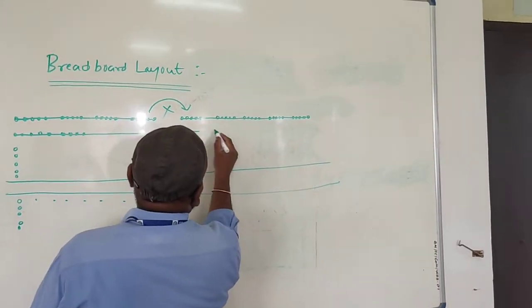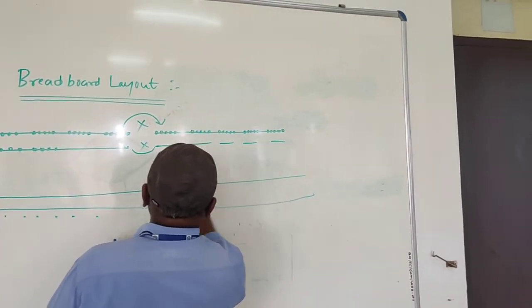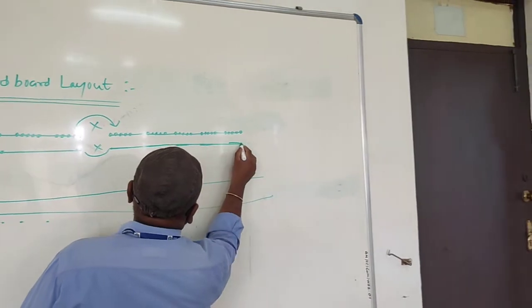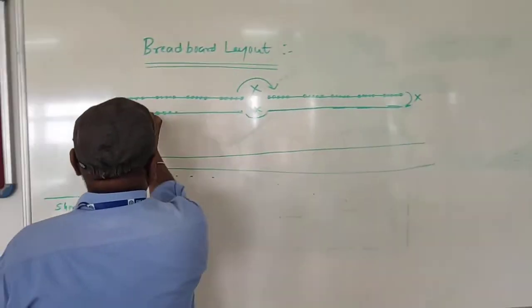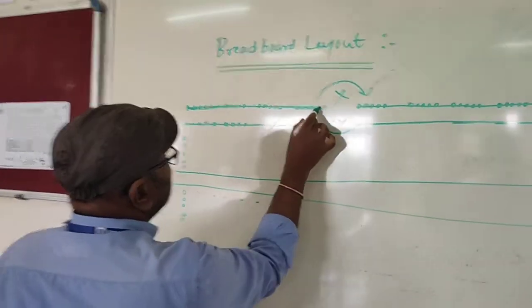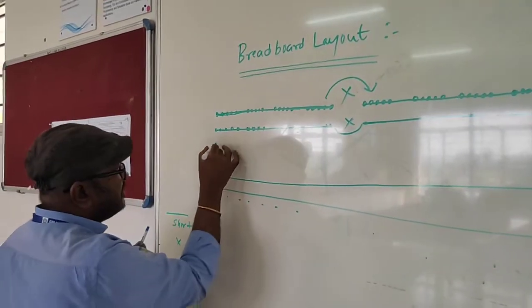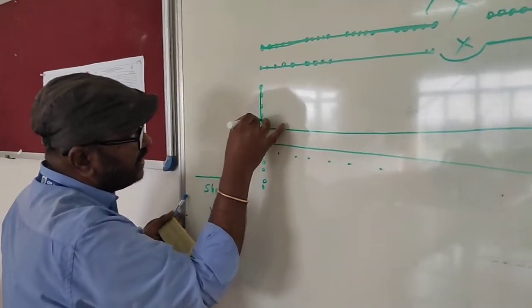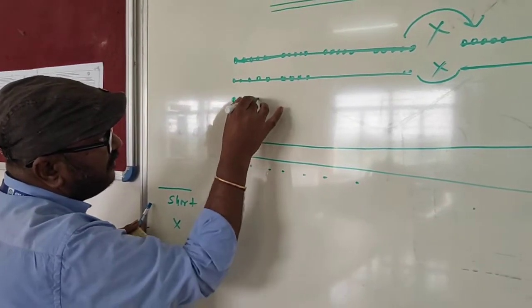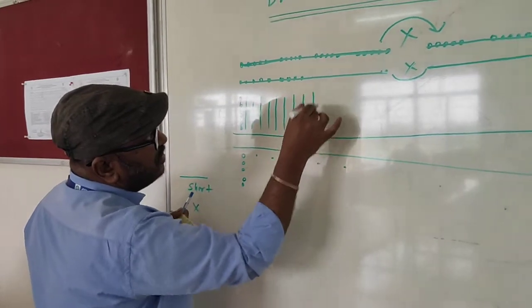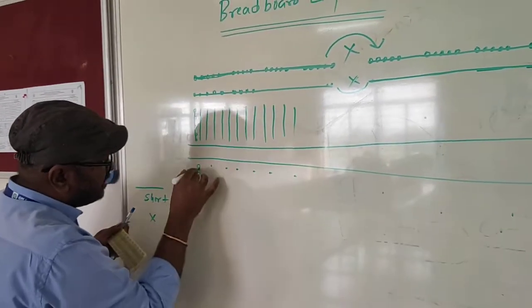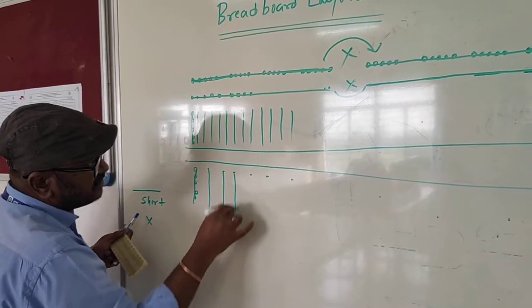Here also this 1, 2, 3, 4, 5 is a shorted path, but there is no connection between this and this. And in this upper line, the holes are horizontally shorted, and these holes are vertically shorted. Wherever I am drawing the straight lines, these are the holes that are vertically shorted. In the bottom also it is like this.